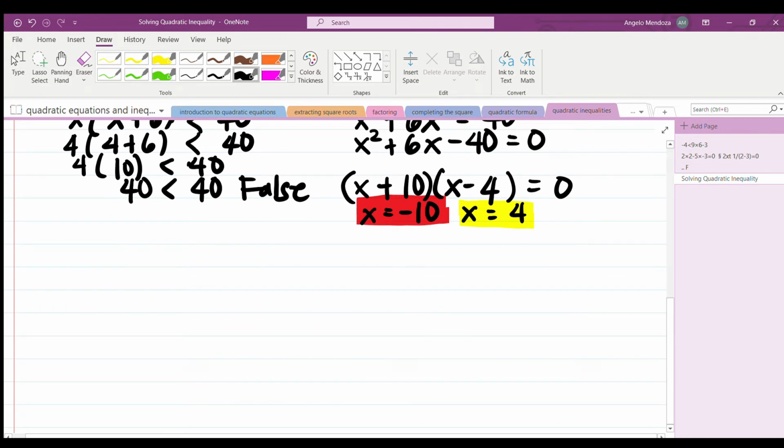So if we're going to assign a number, let us first put a number line. We know that the original answers are negative 10 and 4. So let's say you have negative 5 here, you have 0 here. Of course, we disregard negative 10 and other negative numbers since there is no negative measurement for area.